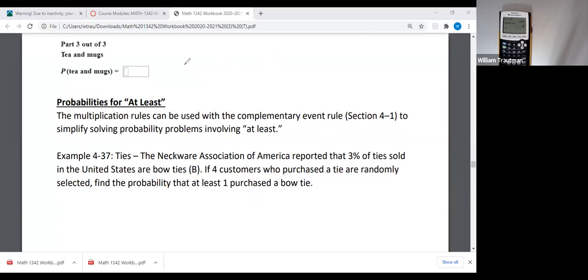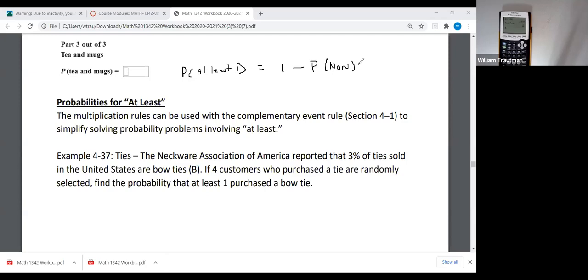So the probability of at least 1 equals 1 minus the probability of none. If I have at least $1, I could have 1, 2, 3, 4, 5.